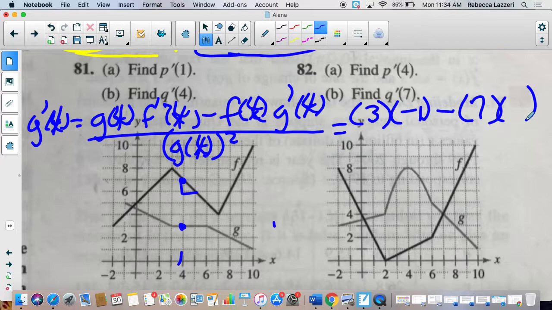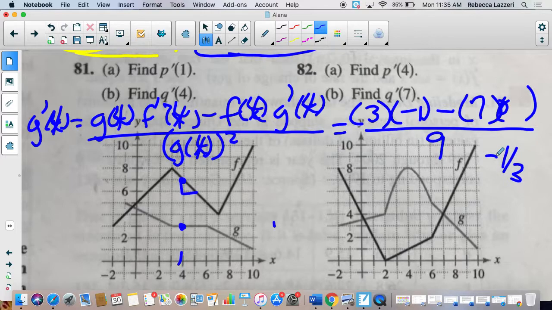And G prime of 4 is 0. Do y'all see your slope would be 0 there? It's not changing at all. Derivatives are all about rate of change. It's not changing, so the slope is 0. Over the bottom squared, which G of 4 is 3 squared, so I believe you're going to get 9. So it looks like you get negative 1/3 for my ugly writing, okay?